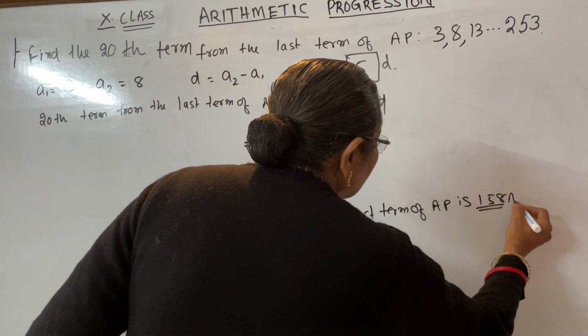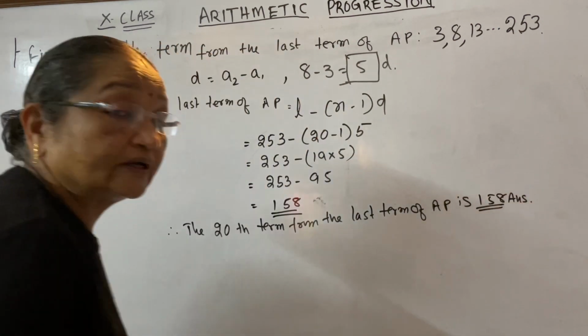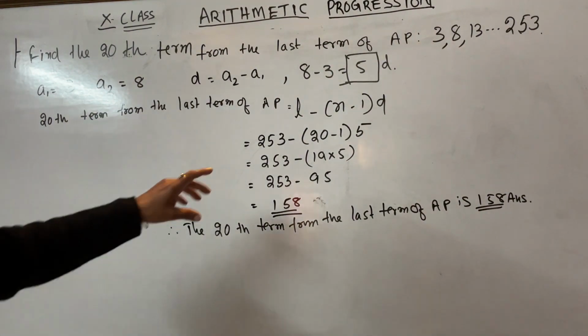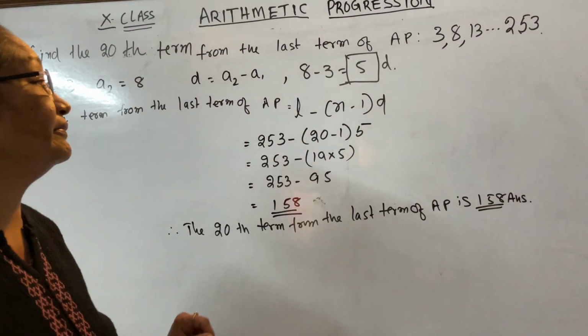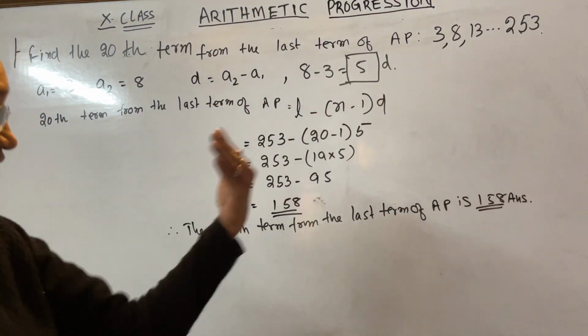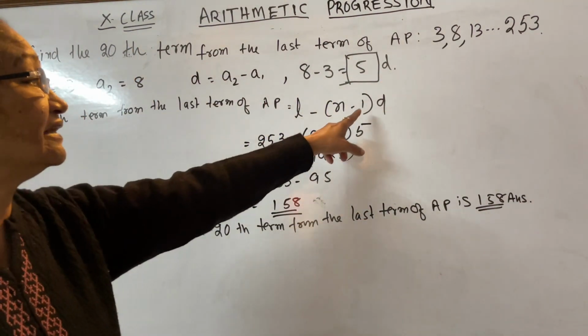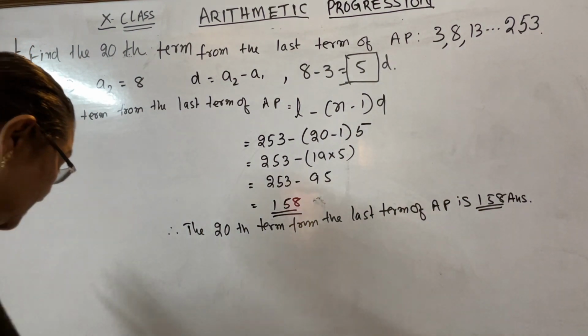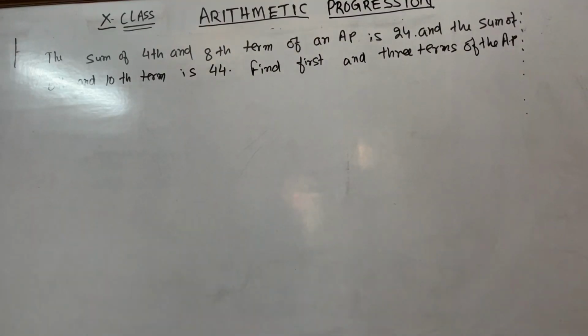This is our answer. Okay, you got it? From the end means this formula you have to remember. A plus (n minus 1) D, that is as it is going from back side when you are coming, L minus (n minus 1) into D. So this is our answer.